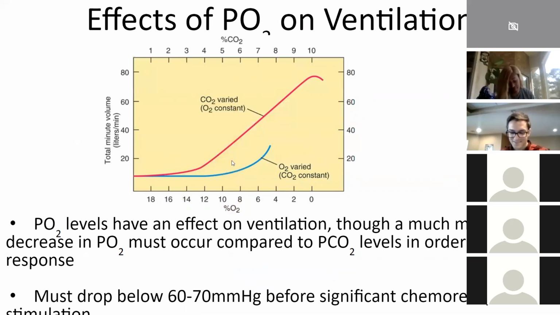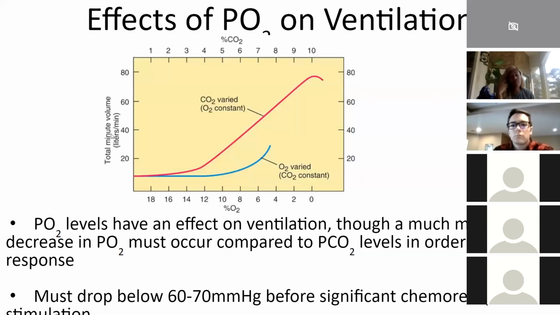Okay, so one important piece here to consider, and I hope I've emphasized this well enough, is that CO2 levels are used to detect oxygen requirements in the body rather than O2.